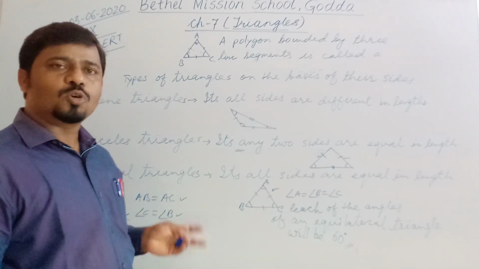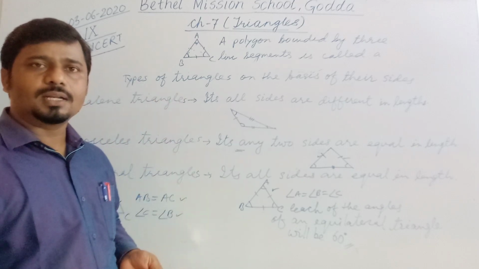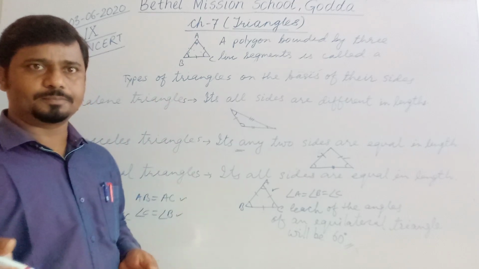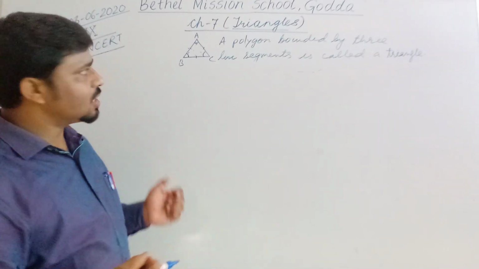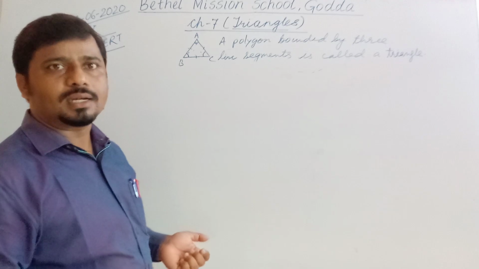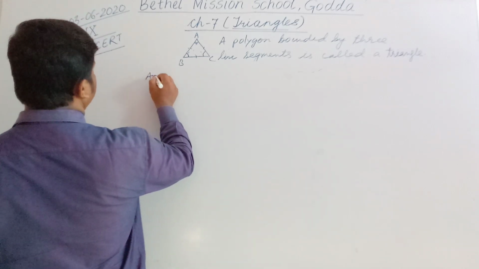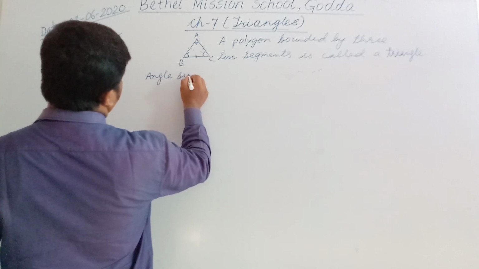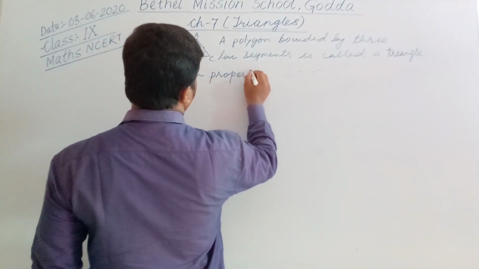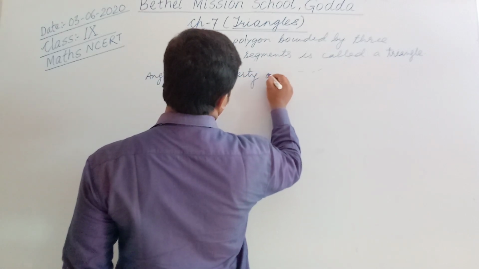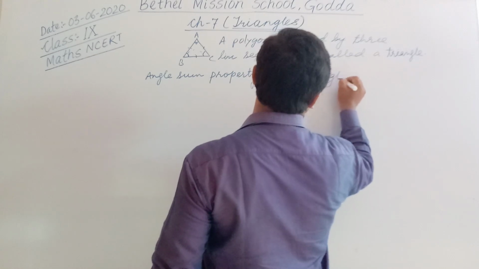Now some more properties we will see. Angle sum property of a triangle, and what is that? Let's see one special property, and that is the angle sum property of a triangle.